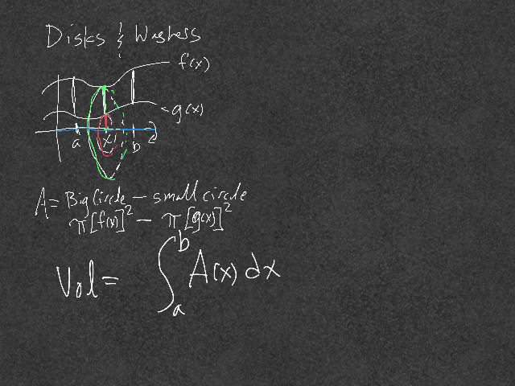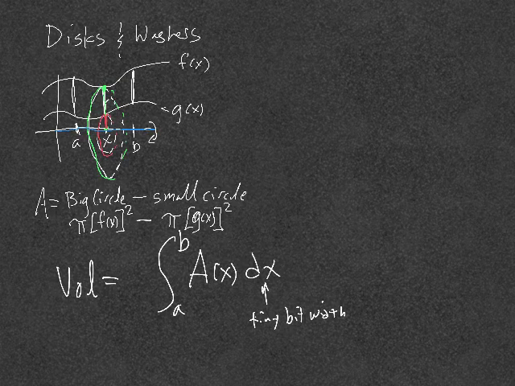Right? And so you can think about this volume as coming from adding up all these little areas. Or another way to think about it is the dx here is thinking about a tiny bit of width in the x direction. And so if you take that tiny bit of width in the x direction, multiply it by the area of the base, that's giving you a tiny bit of volume. Okay, and so integrating area gives you volume.